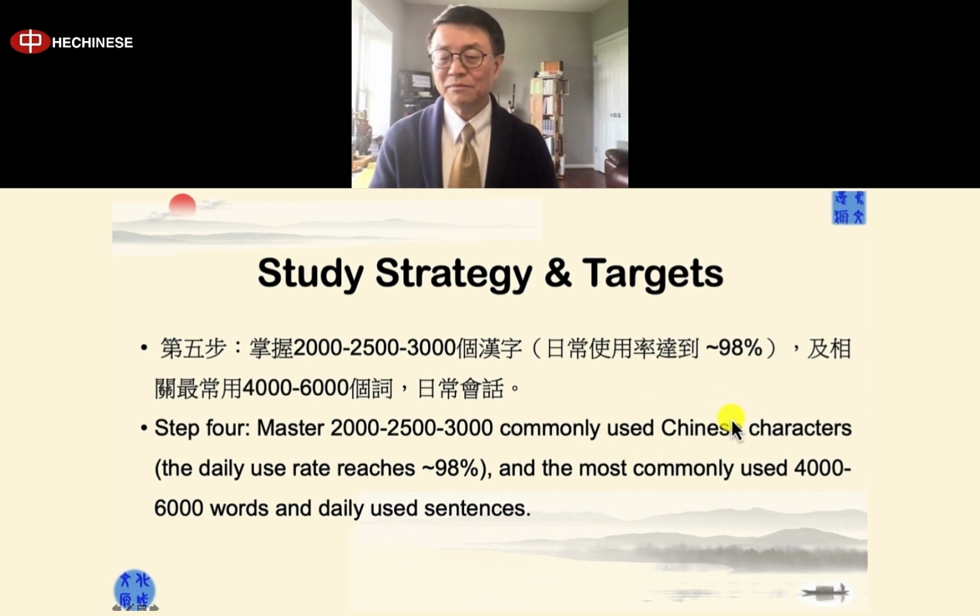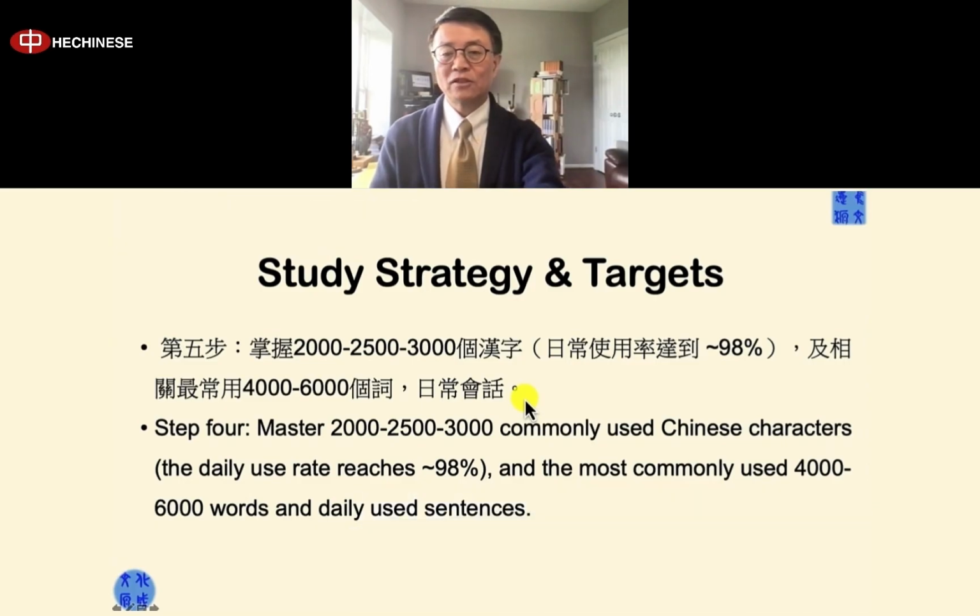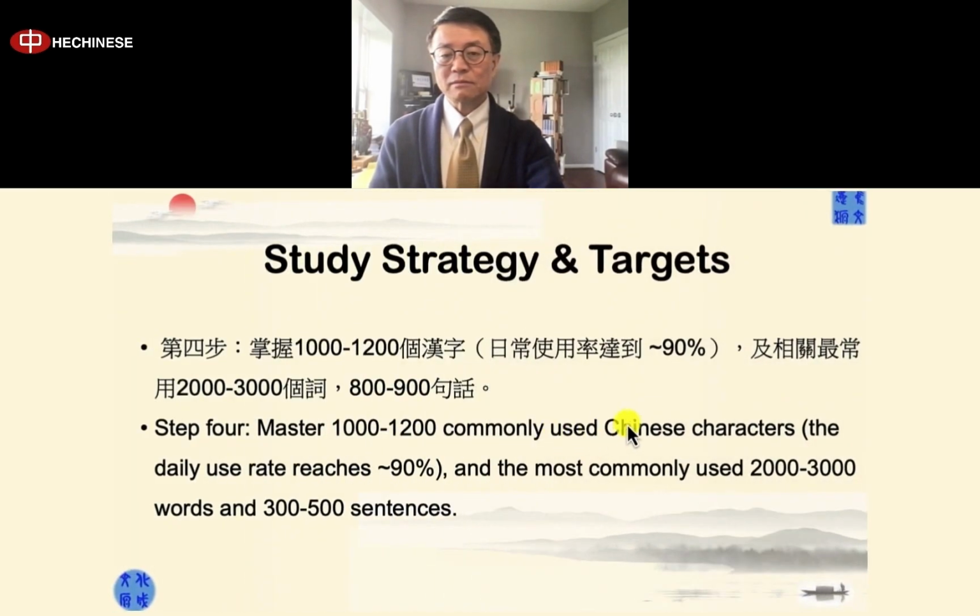At the same time, we learn the related 4000 to 6000 words with combinations of different characters, right? And also daily conversation speaking. Let's go back. On step 4, we're going to learn 800 to 900 most commonly used sentences.